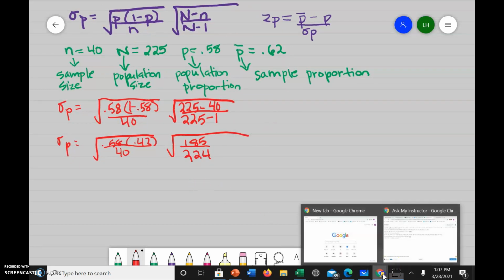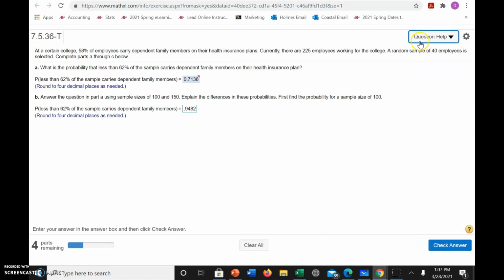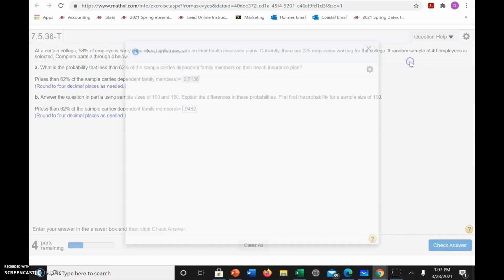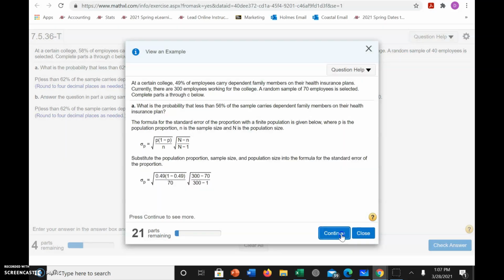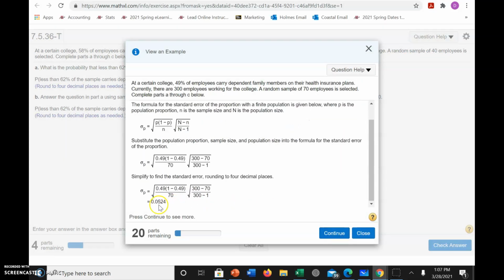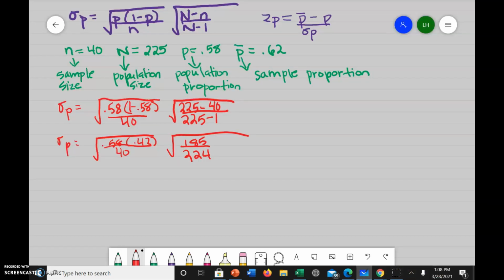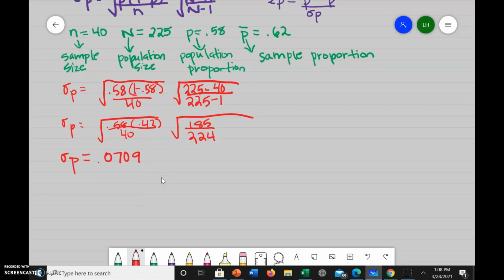If we look at our example, once you get the standard error of the proportion, you're going to round it to 4 decimal places. So you should have gotten 0.0709. Once you have gotten that, now you need to get the z-score to look up the probability.